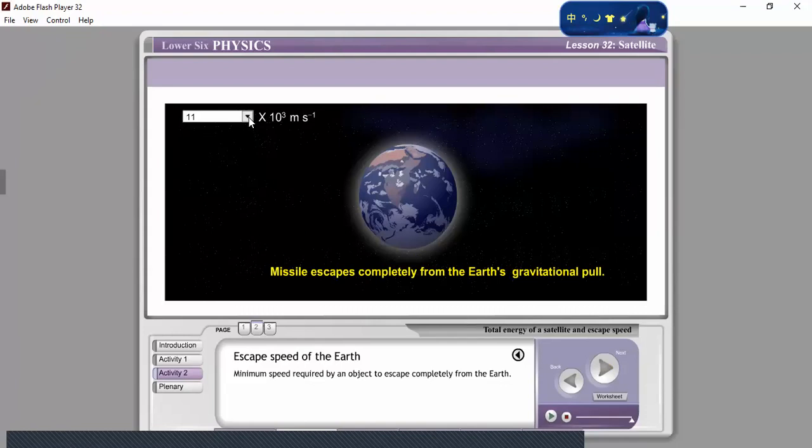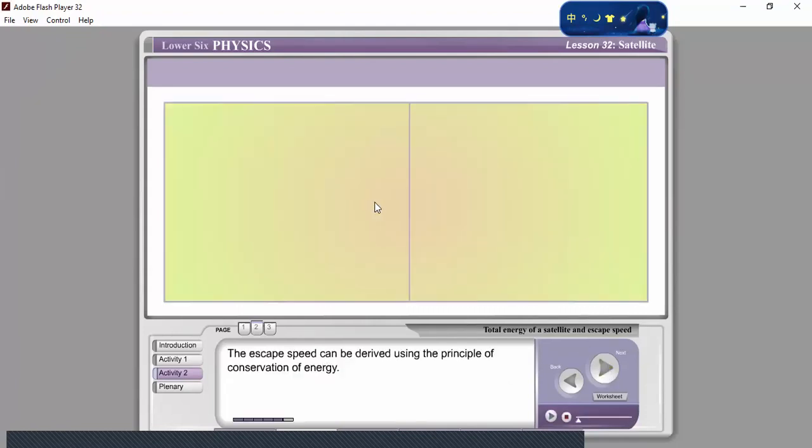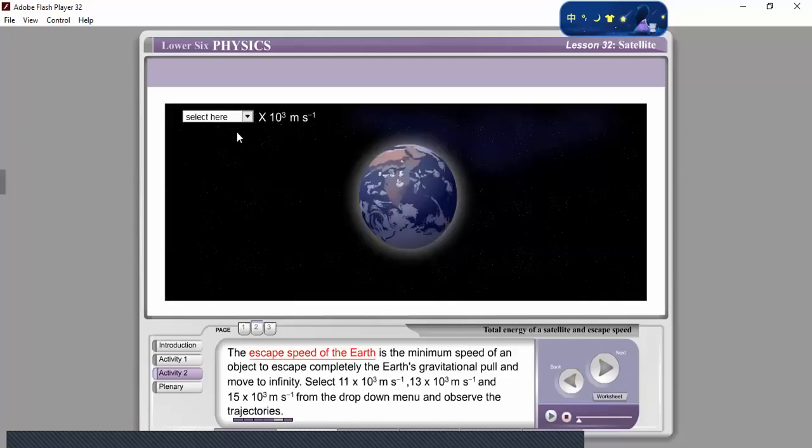So this means that 11 completely escapes. The escape speed of the Earth is the minimum speed of an object to escape completely the Earth's gravitational pull and move to infinity.